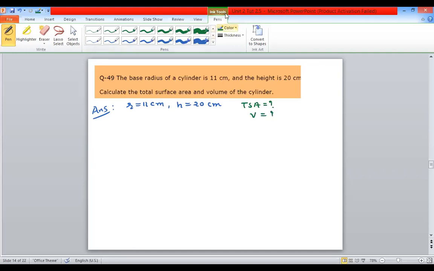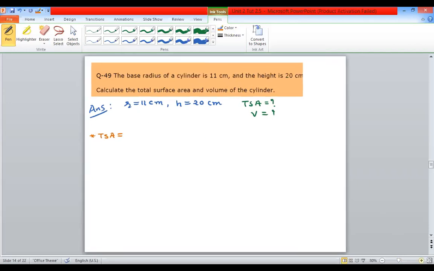So first of all, we can find the total surface area. The formula of the total surface area is 2 pi r (h plus r). Addition is commutative.